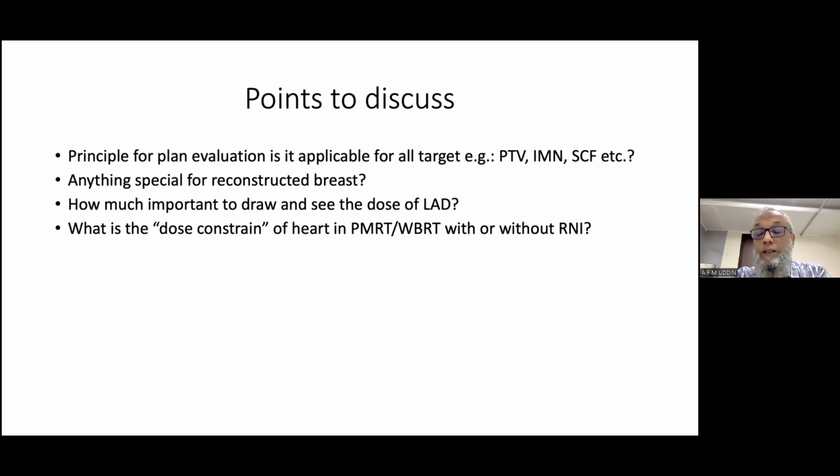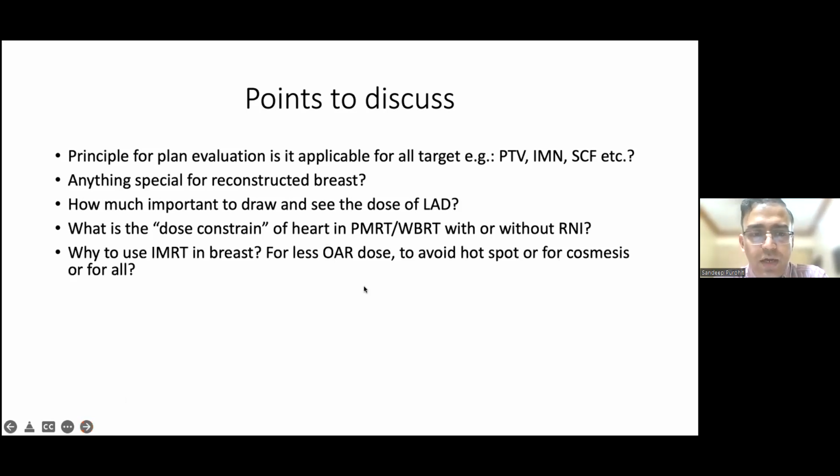So my another very funny question is, heart dose, will it be different for PMRT and whole breast, with or without RNI, or for everything it is the same principle? Sir, what I've seen is overall it is the same principle, because the medial and lateral tangential will remain the same. In post mastectomy, I think the medial tangential is somewhat more towards the outside. It is not as with the breast.